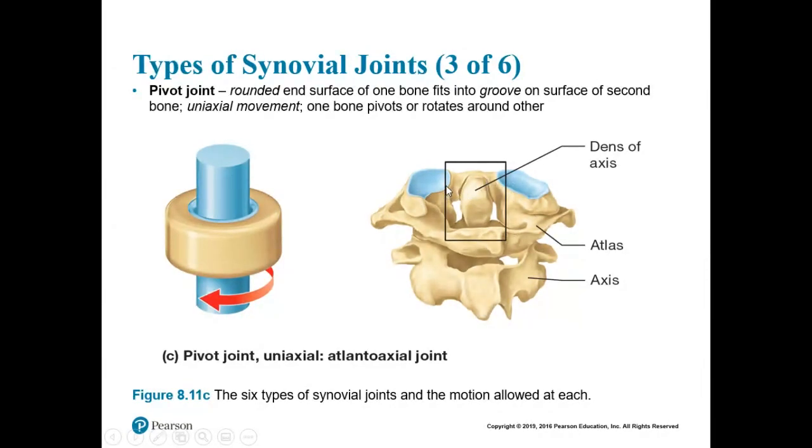Notice C1, the atlas, with its facet surfaces right here, making a connection to the occipital condyles. So just visualize the skull right here on the top, resting on C1 through its occipital condyles, which join these articular facets.